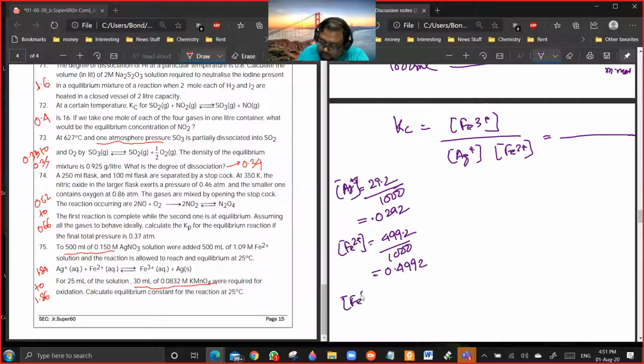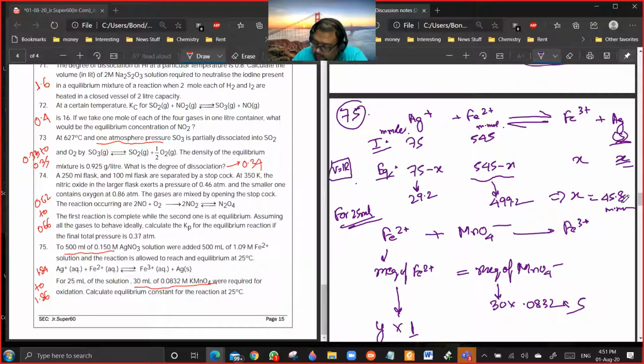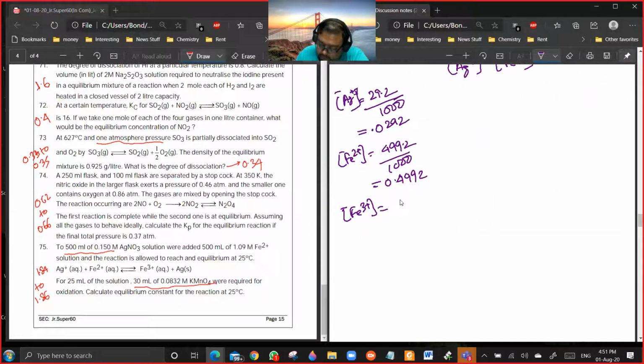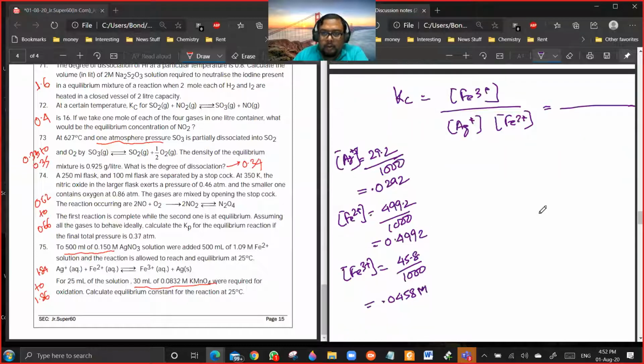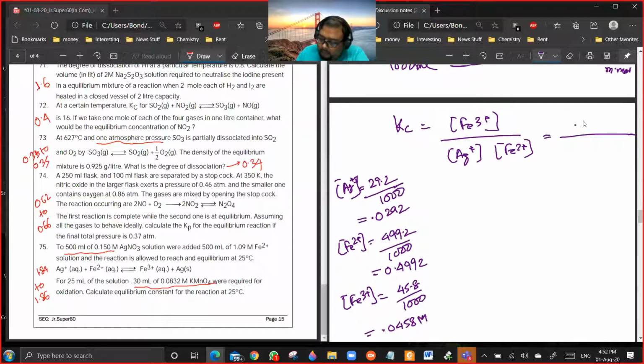And the concentration of Fe3 plus will be equal to 45.8 by 1000, which is 0.0458 molar. Are you getting my point? So Kc will be equal to 0.0458 divided by the concentration of Ag plus, 0.0292, into the concentration of Fe2 plus, which is 0.4992. Okay, I have taken very exact values, so let us see the answers.